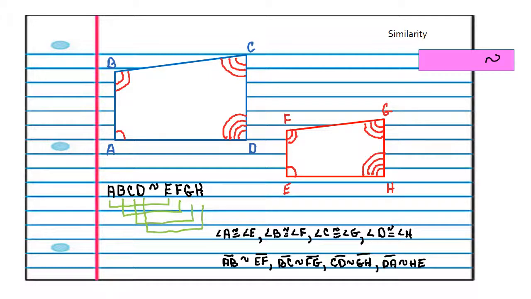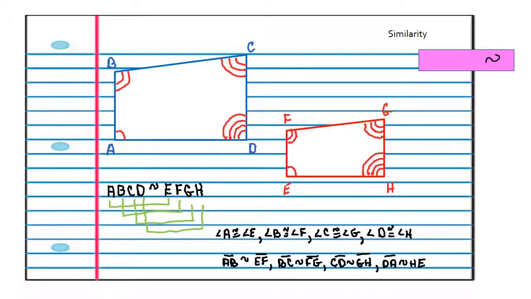Moving on along to the next slide here, I'm going to talk a little bit more about similarity. Similarity between two shapes, between two polygons. They can be everything from a triangle to a triangle, a quadrilateral to a quadrilateral, a hexagon to a hexagon.